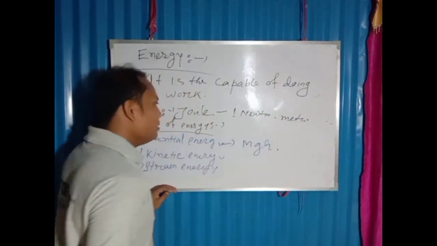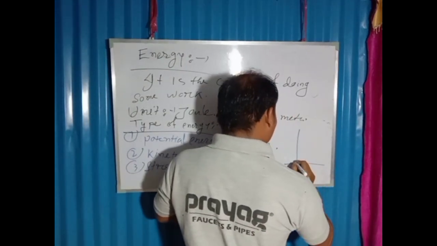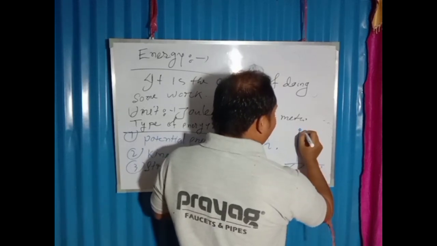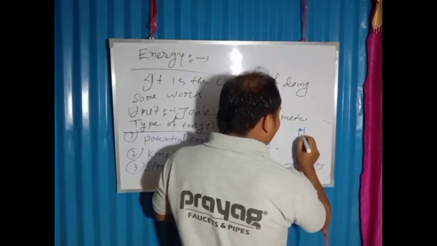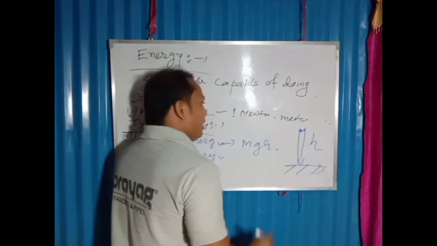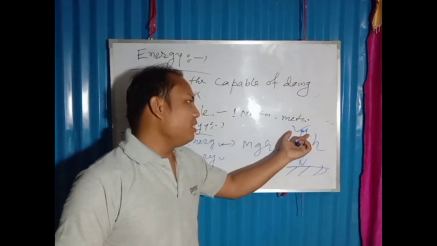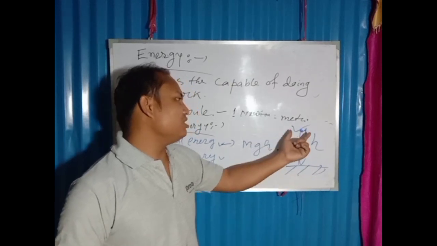The formula is mgh. It means that when a body, this is the ground, the body is there, and from here the distance is h. At that point, energy is stored in the body. This energy is called potential energy.